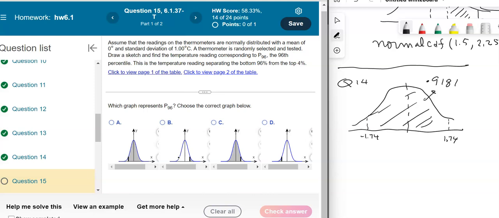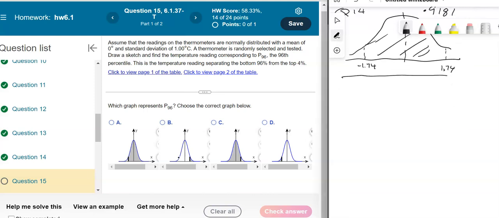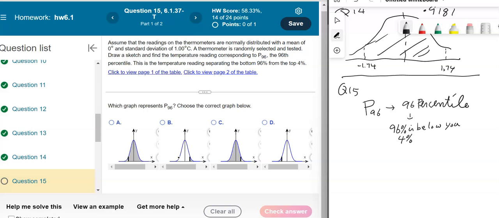Now, question 15. Now, what is the P96? We call 96 percentile. That's how you read. This means 96% is below you, 4% is above you.